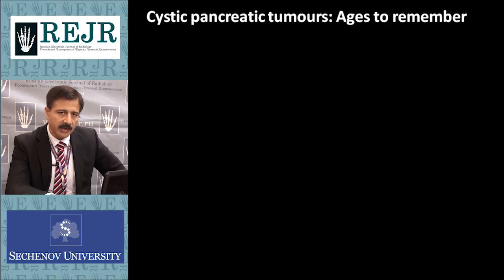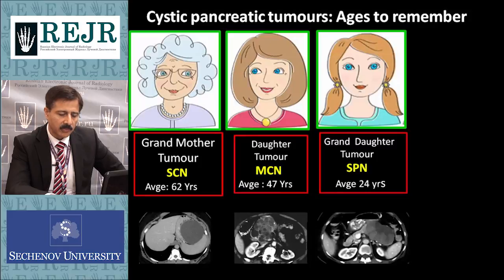So just a recap of the ages to remember in cystic lesions. Please remember that most of these tumors are more commonly seen in females. And if you remember that concept, then serous cystic neoplasm is known as the grandmother tumor because the average age of presentation is 62 years.